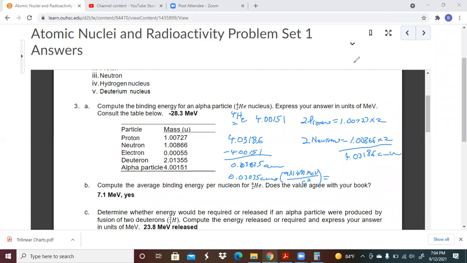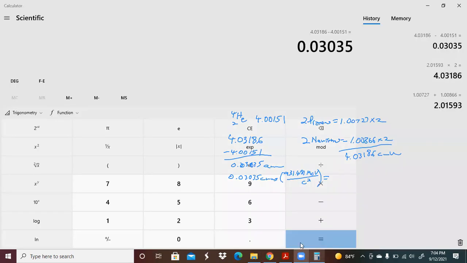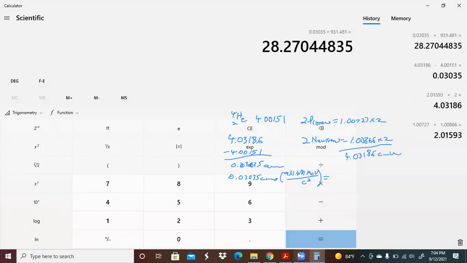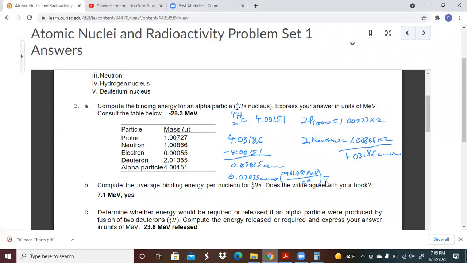Let's see what we come up with. So times 931.481, 28.27. And the answer here is 28.3.